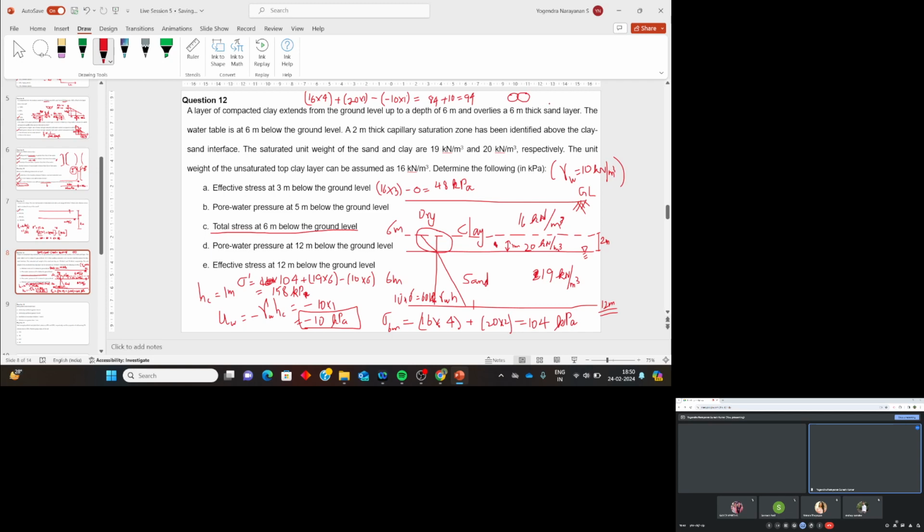So what is the physical significance if effective stresses are increasing? That is, the stresses through the grains are increasing. So water present in the capillary zone will increase the stresses that are taken by the soil grains.